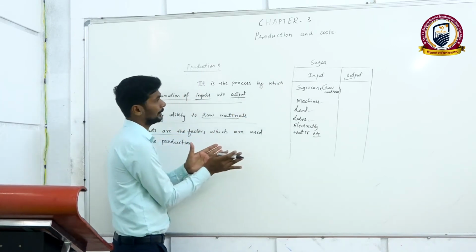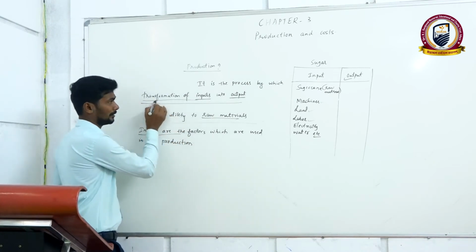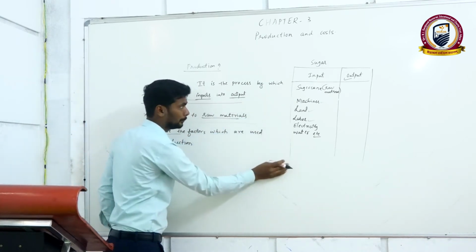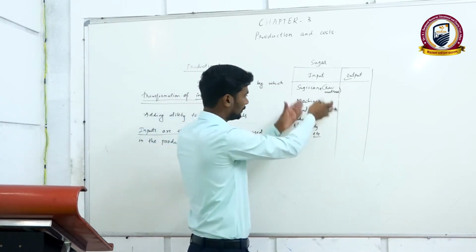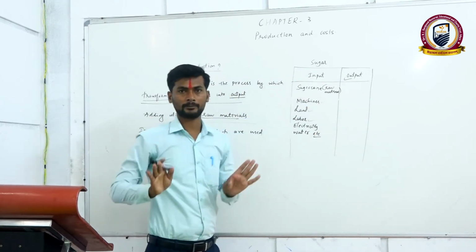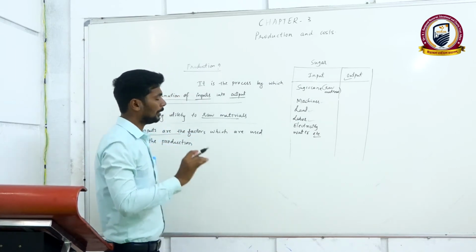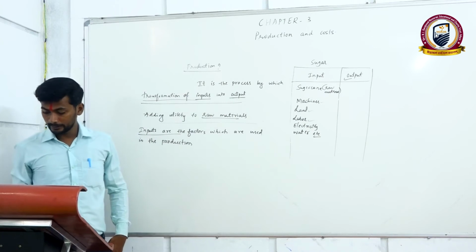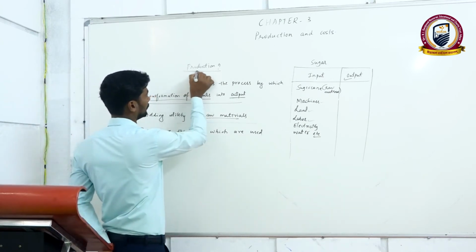Now you can see the meaning of production. So now what I am doing? I am transforming these inputs into output. So the process of this is called production. I hope you got that point. Now, who engages in the production?